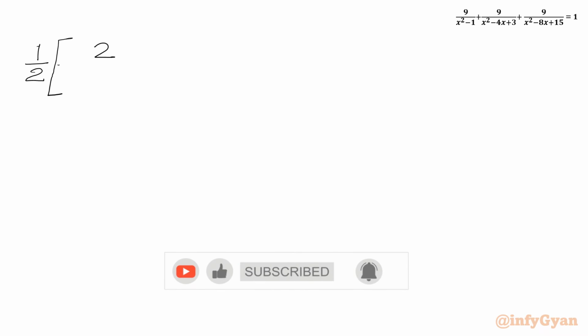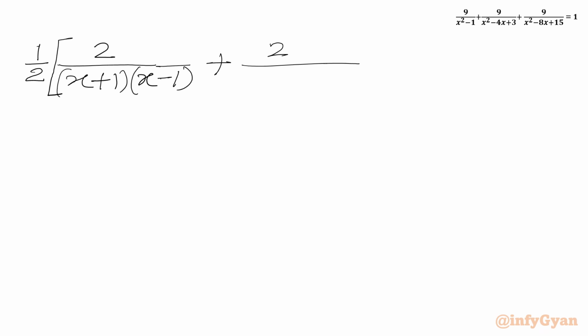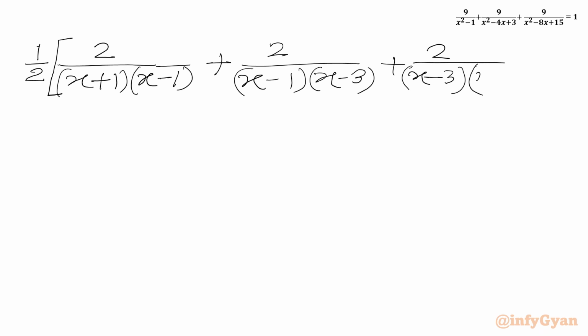So 2 over x plus 1 times x minus 1 plus 2 over x minus 1 times x minus 3 plus 2 over x minus 3 times x minus 5 will be equal to 1 over 9.